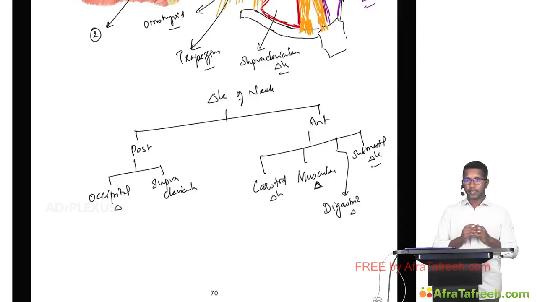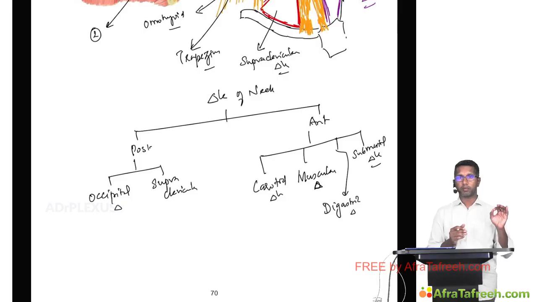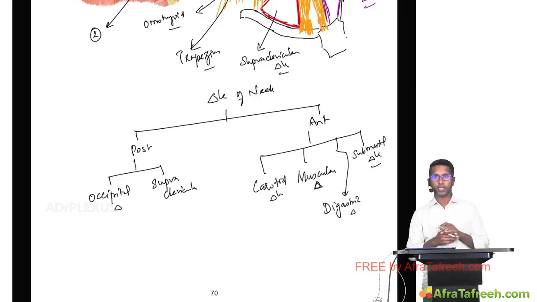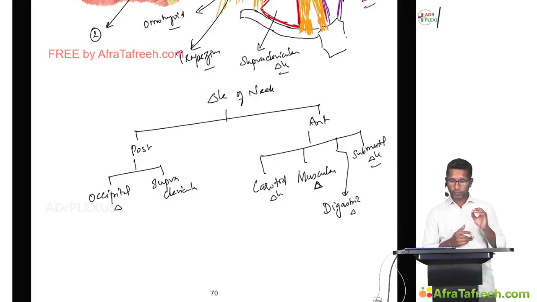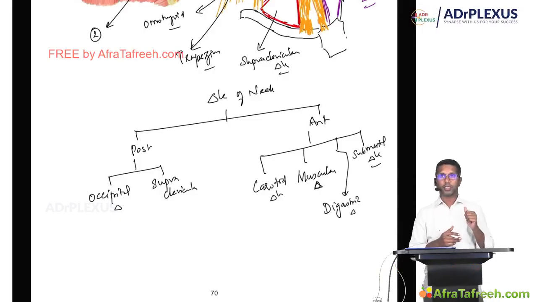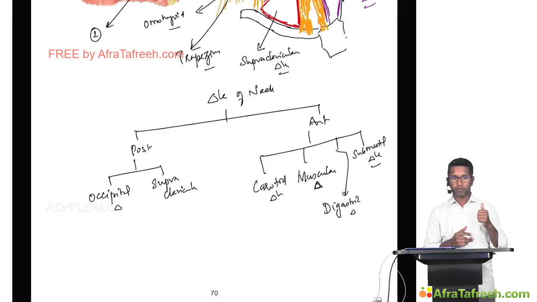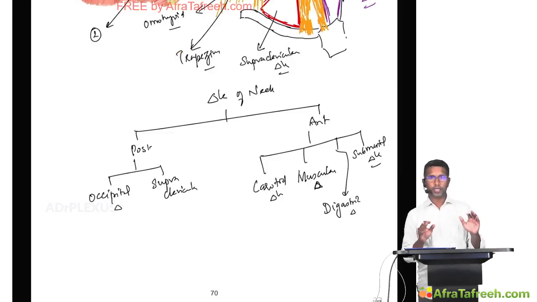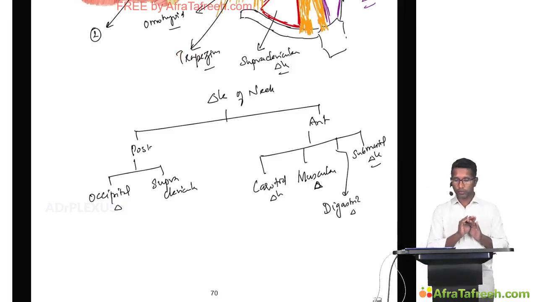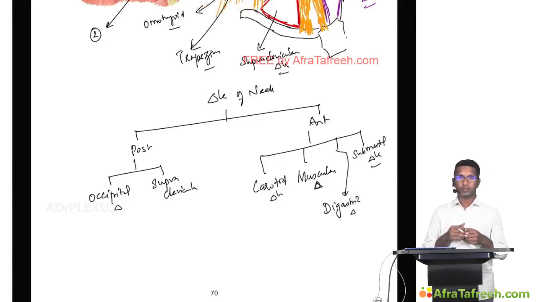If you take the entire triangle, the roof is formed mainly by one structure, that is the investing layer of deep fascia. Skin, superficial fascia and the investing layer of deep fascia form the roof of all of this. Apart from this, the main thing is about the contents.